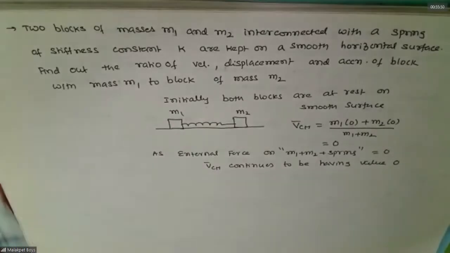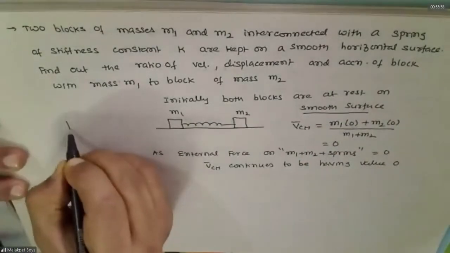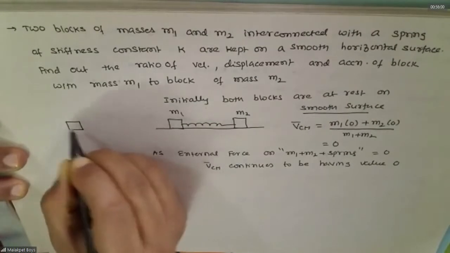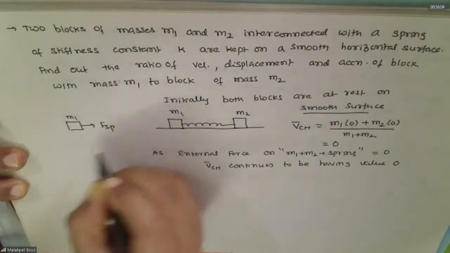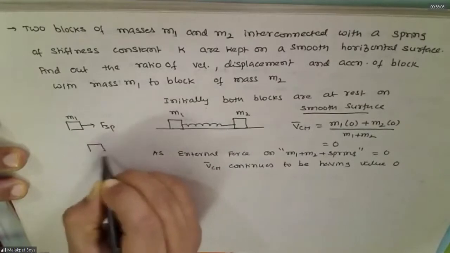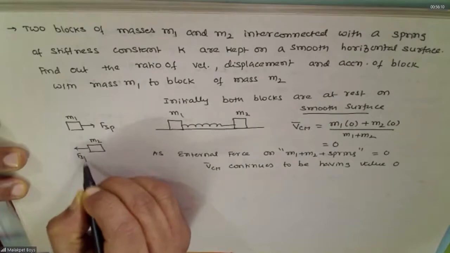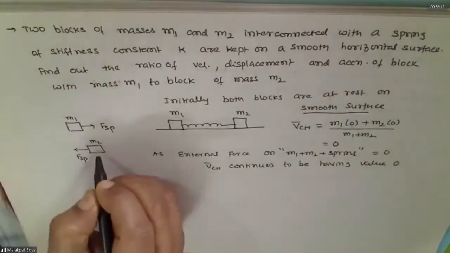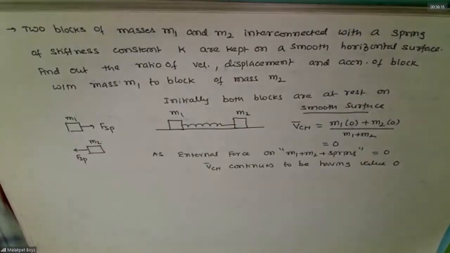Do you agree with this? Because it is smooth, no external force. Remember that if you consider only M1, there is a spring force. Only M2, if you consider, there is a spring force. So M1 and M2 move, but the center of mass of the system will not move.